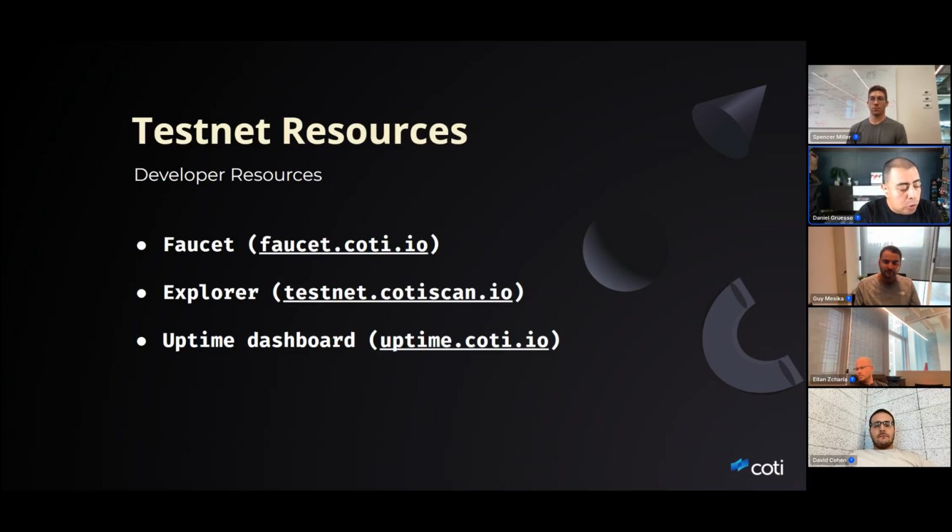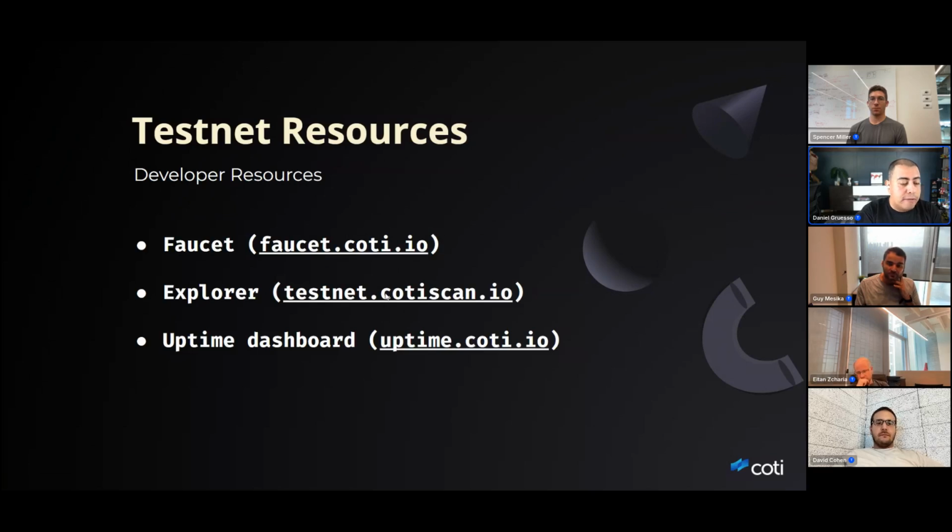Explorer, now we have a new nomenclature for the COTI Explorer, which will simplify things and prepare us for mainnet launch. So we prepend the network name to our main URL, and it's going to be cotiscan.io. So if you are doing any workloads on devnet, you can use the same, just prepend it with devnet.cotiscan.io.